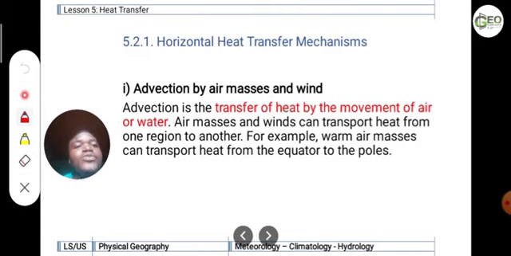Talking about the horizontal heat transfer mechanisms, the first one has to do with advection by air masses and wind. And what is advection? Advection is the transfer of heat by the movement of air or water. The movement of air or water over the Earth's surface tends to transfer heat from one region of the world to the other.